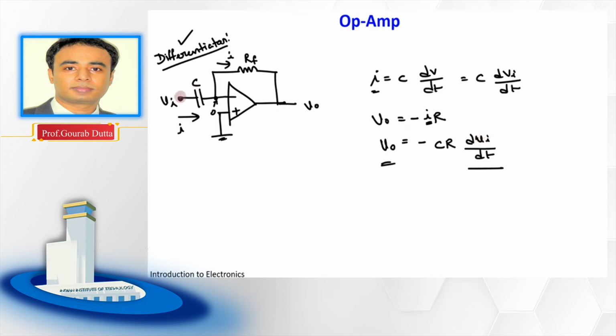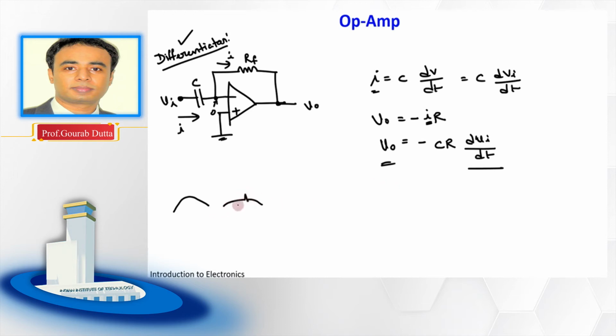If there is any noise at the input voltage, we will get a spike at the output voltage. Suppose a signal is expected to vary like this, but due to noise you have a small disturbance here.